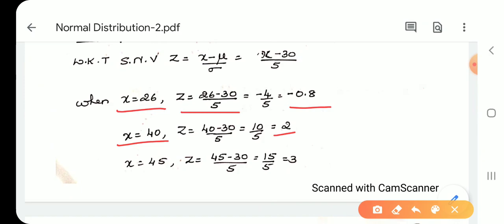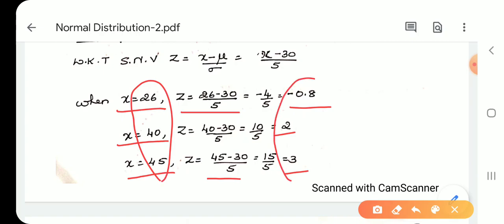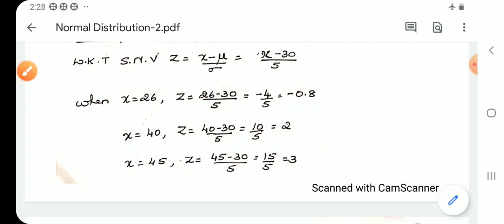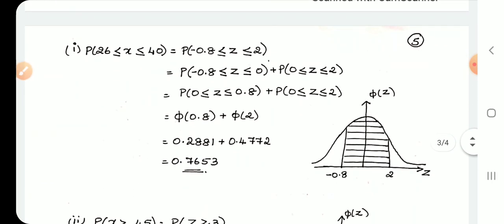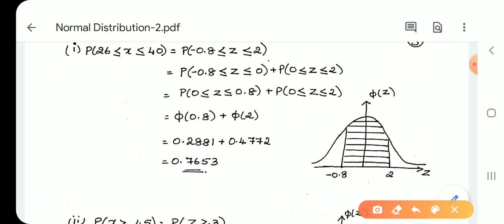When X is 45, Z = (45 − 30)/5, which is 3. So for the different values of X, we have found the values of Z. Now let us find the three sub-problems.